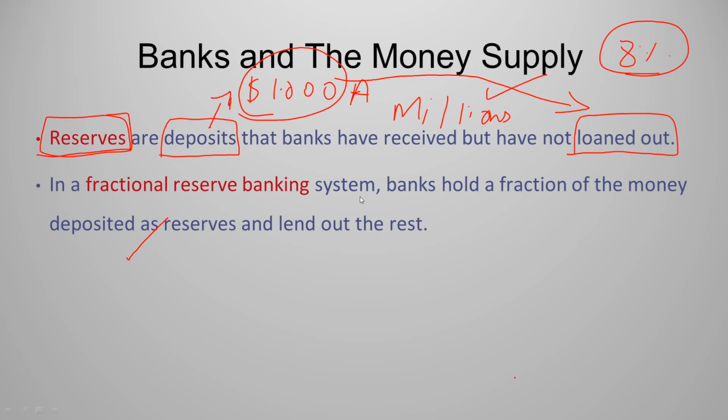This is the system that is followed mostly throughout the world right now. So the money that the banks get from their customers, they keep a certain amount of it as reserves, and they lend out the rest of the amount to people who require it.